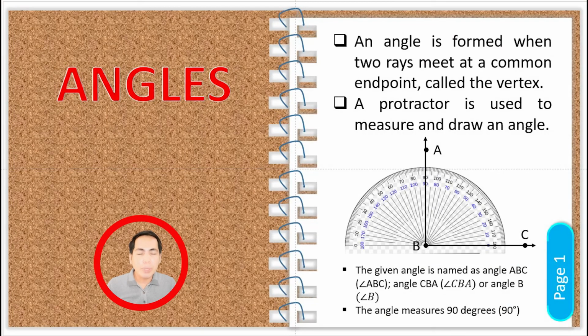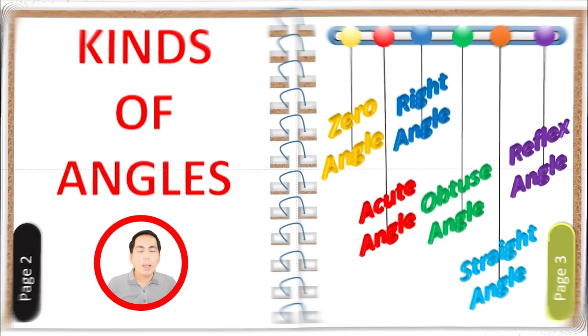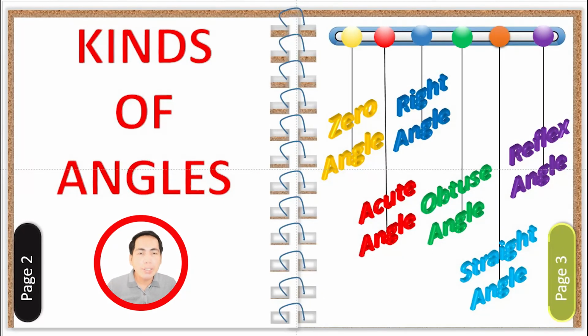As a review, we say that an angle is formed when two rays meet at a common endpoint called the vertex. We have 6 kinds of angles. We have zero angle that measures 0 degree. We have also an acute angle that measures more than 0 but less than 90 degrees.